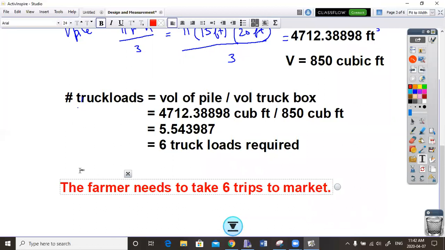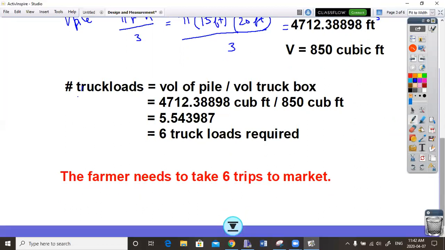That will be your final answer. We round the 5.54 up to 6 because there will still be half of a truckload left, and we can't leave that there because it's money that's required for the farmer to make a living.